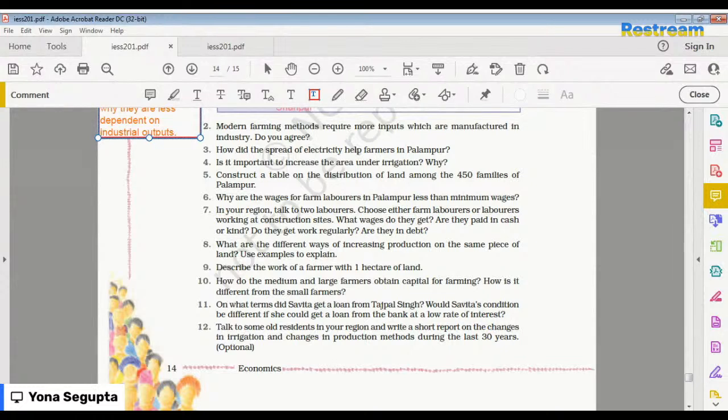So in the first question you have seen that the irrigated land is 200 hectares. We have already written that, right? So this is the answer. You can take a look. I'm writing it here.